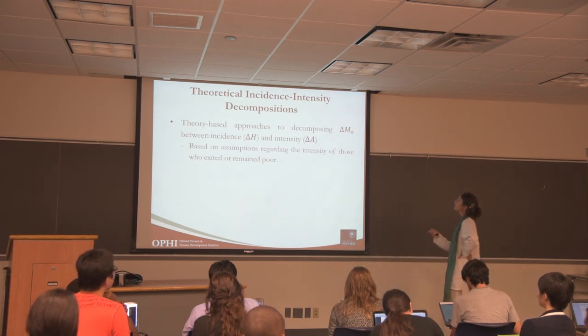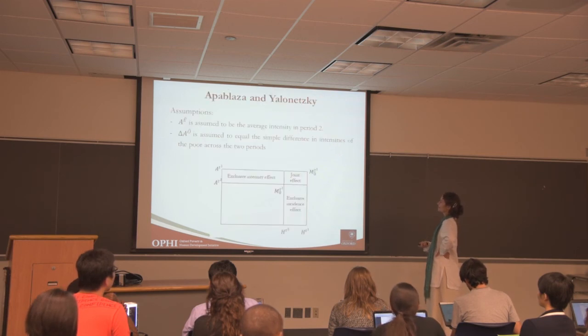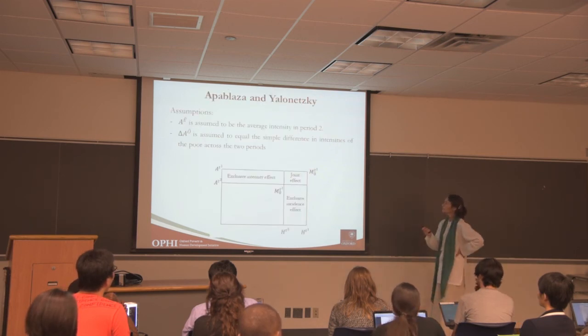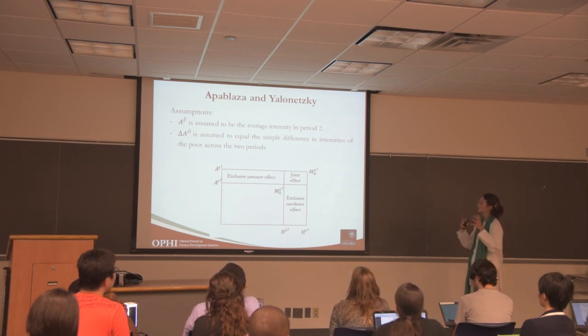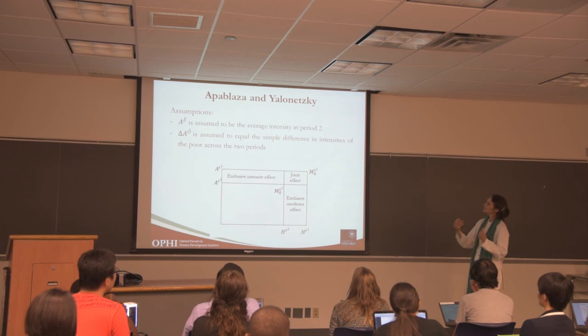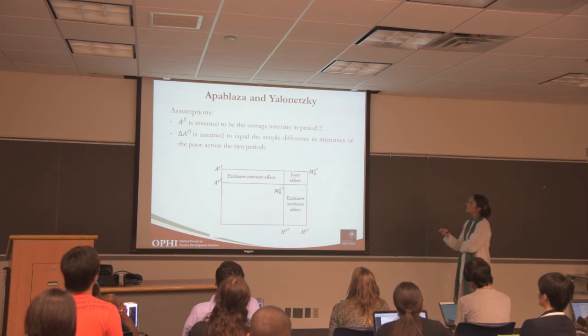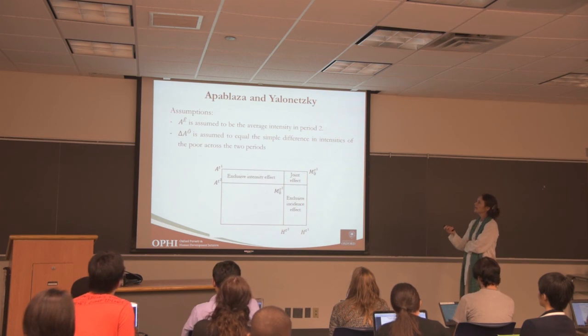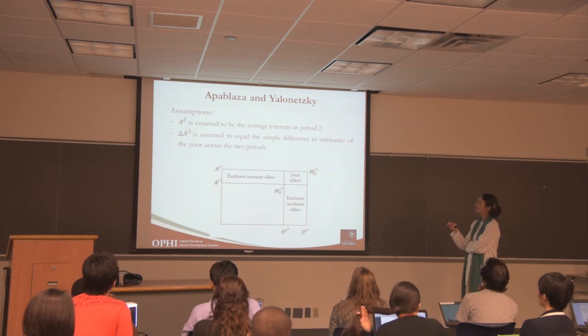The theory-based approaches decompose it between incidence and intensity. For example, this is work by Maurizio and Gaston, which I think is very good because we have to flesh these things out and link them to the other kinds of theoretical decompositions. What they do is they assume that everybody who left poverty had the same intensity as the intensity of those who were poor in period 2.